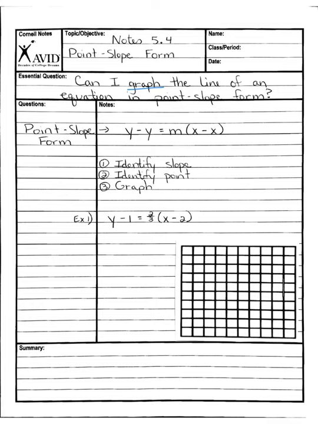Before we can graph them, though, we need to identify what this general equation is, and it's y minus y, and I'm going to go ahead and write this in a different color. Y minus y, okay? What is that? That y is actually going to stand for your y coordinate.